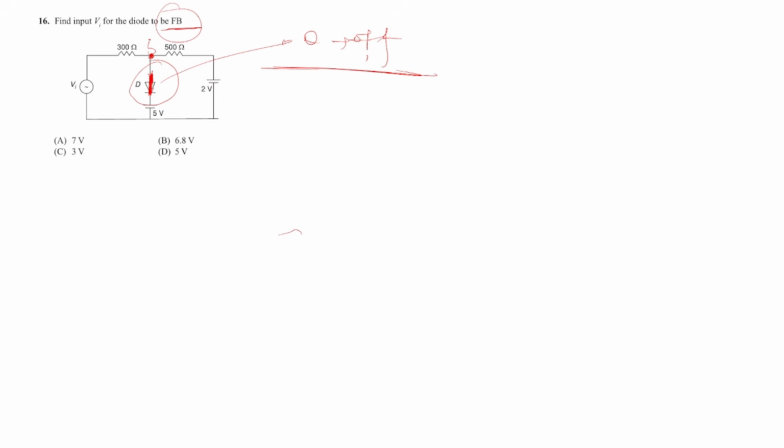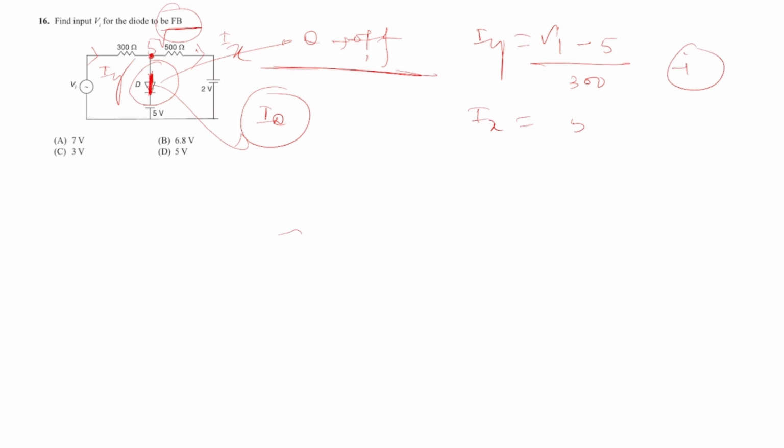This is 5 volt, right? If this is 5 volt, and I already gave you the basics, if this is on, I just have to go through the current. Let's say this is IX. Let's say this is IY. What is IY? VI minus 5 by 300. Equation number 1. Similarly, IX is 5 minus 2 by 5, 3 by 5.